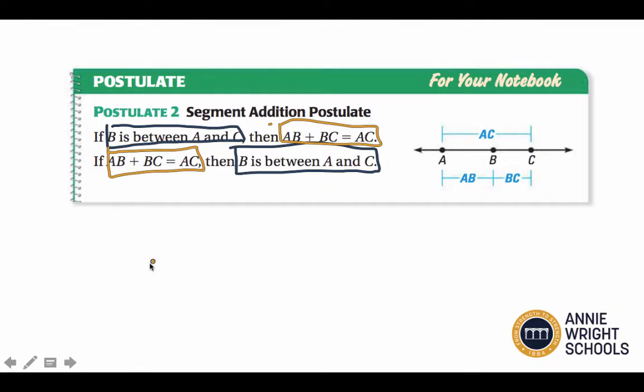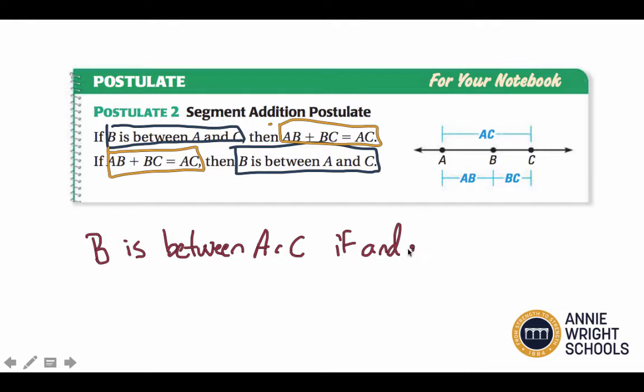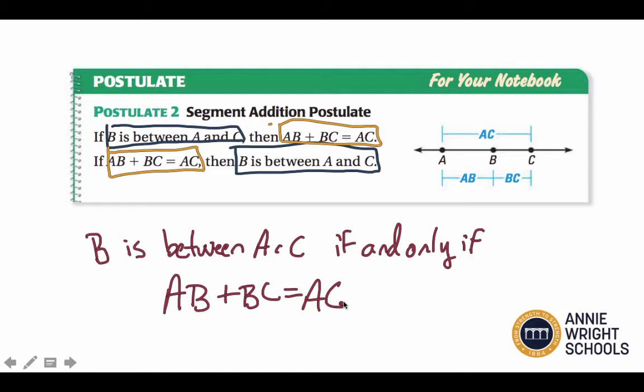One way to write this mathematically is to say B is between A and C if and only if AB plus BC equals AC.